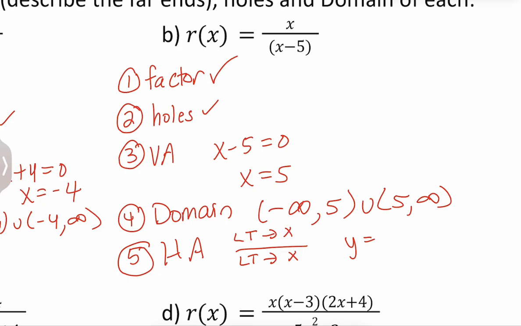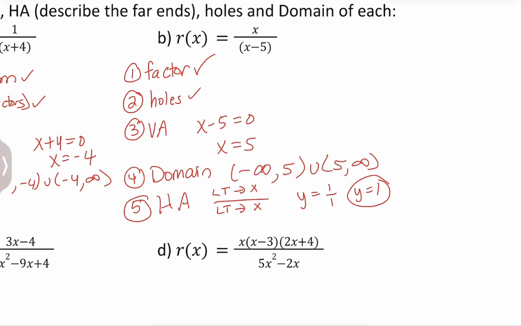The coefficient on the top is 1, the coefficient on the bottom is 1, so our horizontal asymptote is at 1. So this graph has a vertical asymptote at 5, and the ends head to 1. Now, how could we check our work?